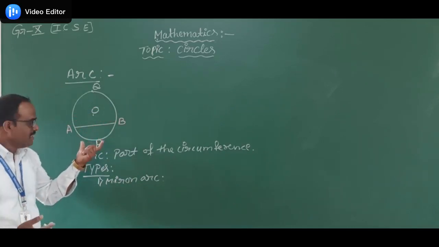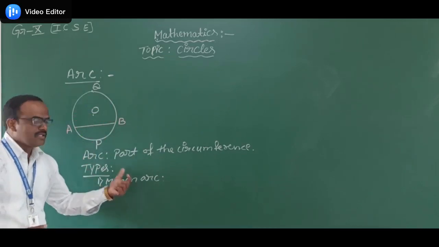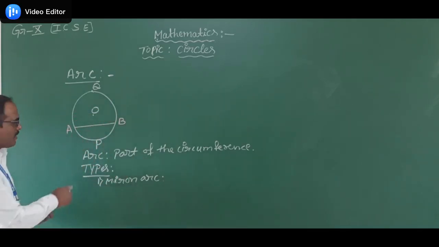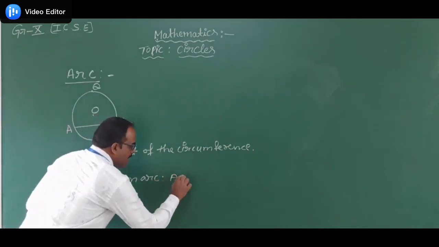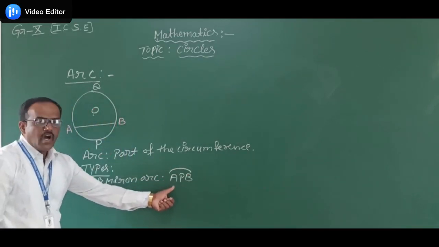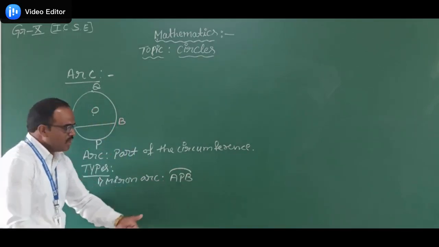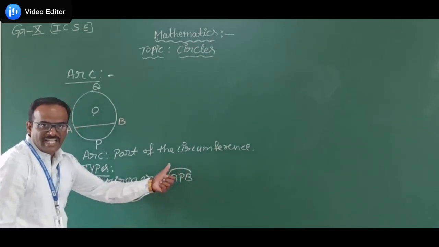It is very easy. The smaller part of the arc is called a minor arc. Here in this diagram, you can observe APB arc is a minor arc. APB is the minor arc. We are representing the arcs always with three letters with a symbol like a half moon shape.